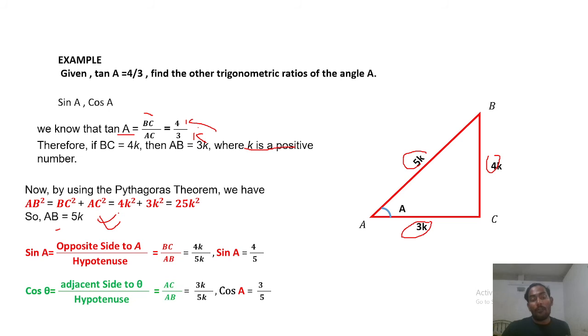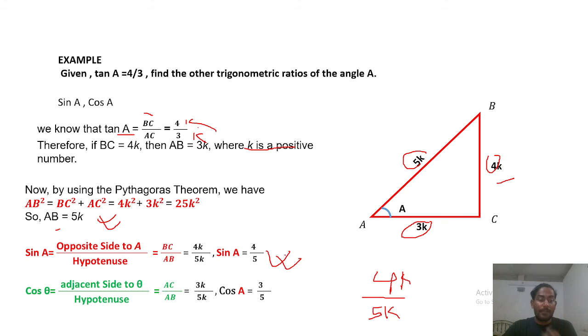Now we have to find the sine of angle A. Sine of angle A is the opposite side, that is 4k, divided by the hypotenuse, that is 5k. That means the value of sine A is 4/5.